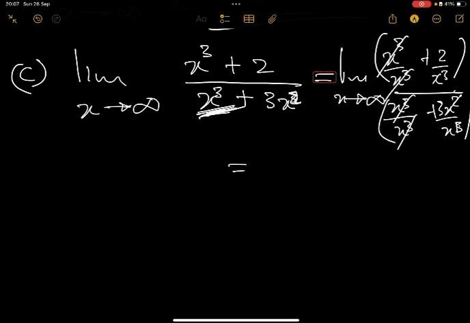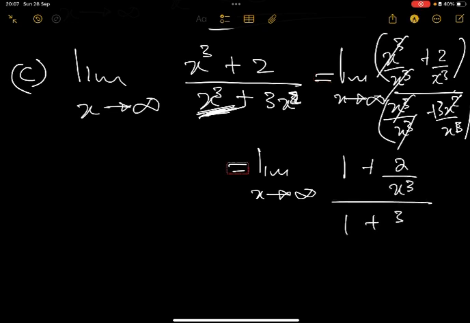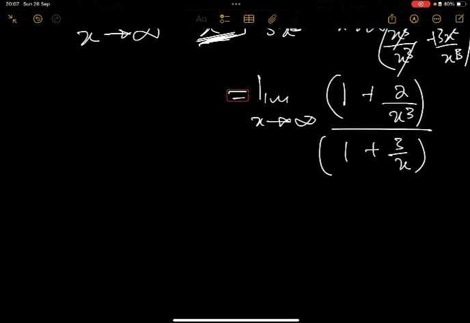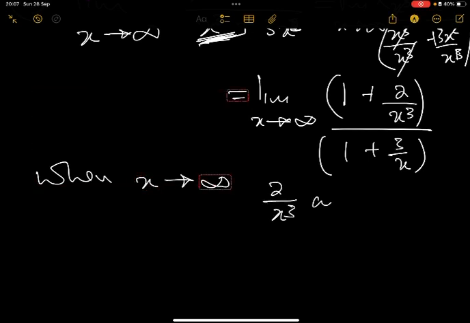Then we go like limit as x approaches infinity of 1 plus 2 over x cubed over 1 plus 3 over x. If you don't want to substitute here, you just write that when x approaches infinity, 2 over x cubed and 3 over x tend to 0.